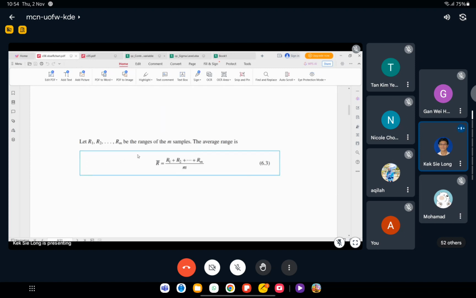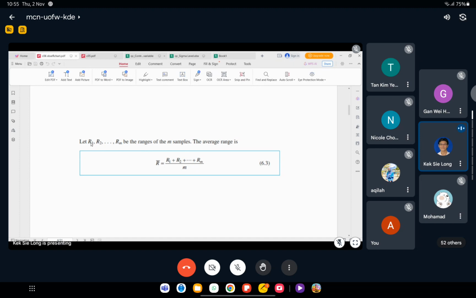And then for each R1, R2, we can calculate the average range. Each R refers to the range of one of the M samples. So we have M samples, so we have M R values, R1, R2 until Rm.